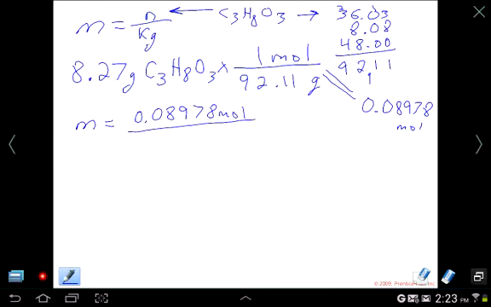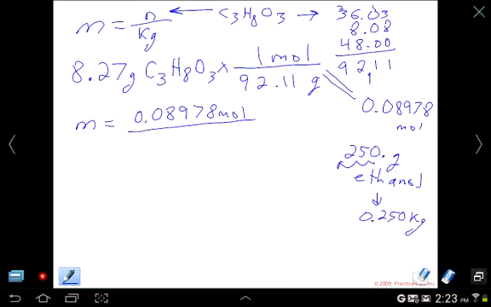Now we saw that our mass of solvent, or ethanol, we had 250 grams of it. So this converted to kilograms would be simply dividing by 1,000, moving the decimal place 3 times to the left, and we get ourselves 0.250 kilograms.